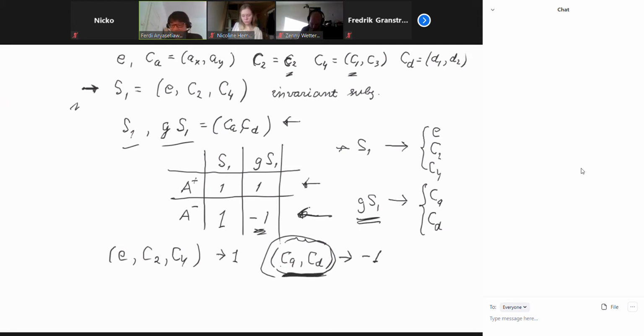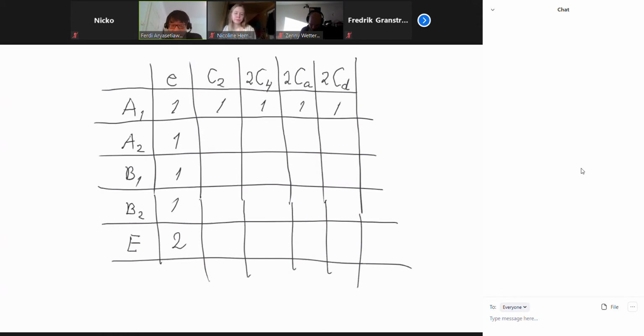So then in this character table, we look at CA and CD, these two here, which we replace with -1. Okay, so then it becomes -1, -1, because we are looking at the one-dimensional representation.